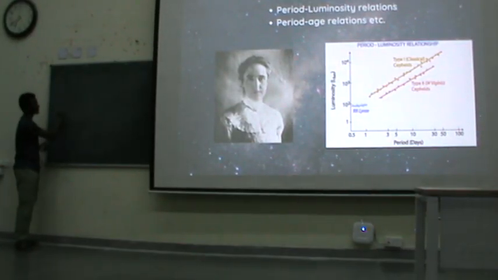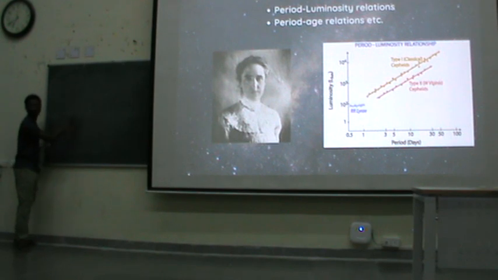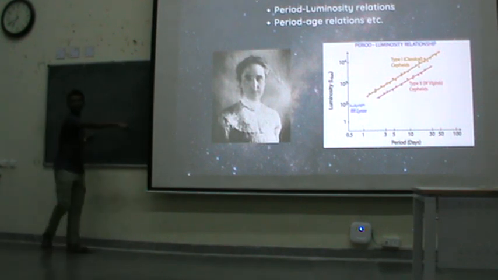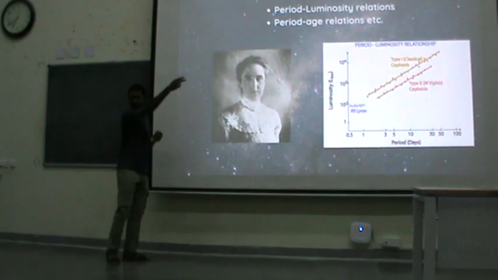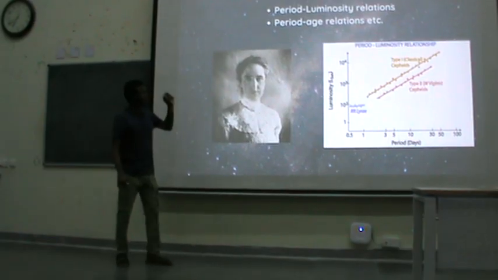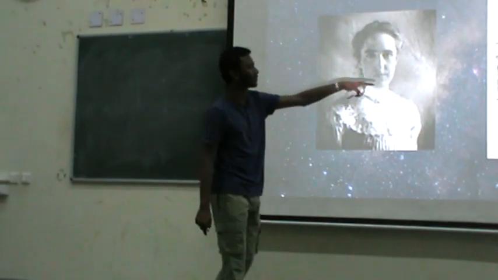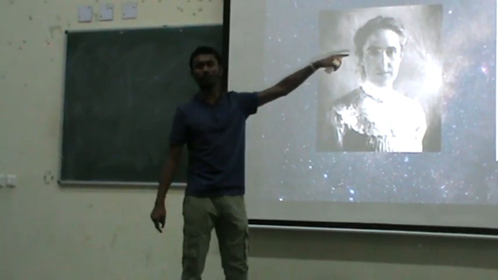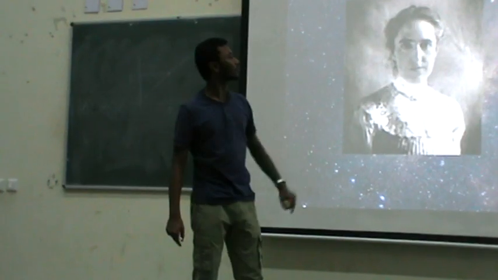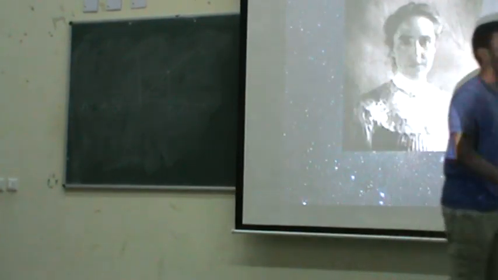If you know this quantity, you can get r. That is how you can measure the distance between you and the object of your interest. And she is Henrietta Leavitt, who actually observed this pattern between the period and luminosity for Cepheid variables. Just to give her the credit.